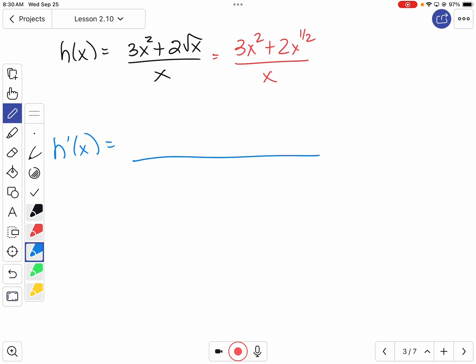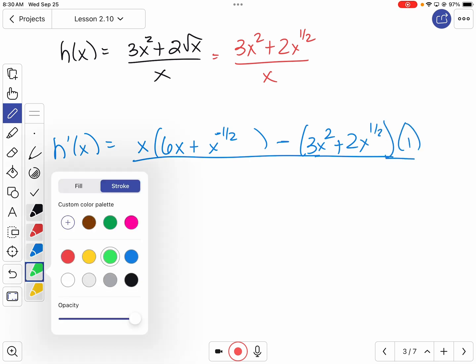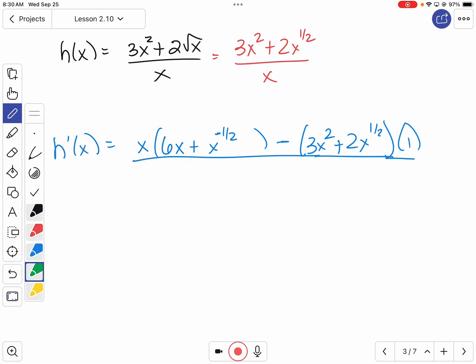All right, so d-hi, the derivative of the top, is going to be 6x plus x to the negative 1/2, minus hi d-ho, so 3x squared plus 2x to the 1/2. The derivative of x would just be 1, over ho, so x squared, okay?